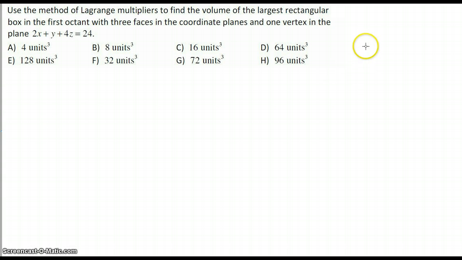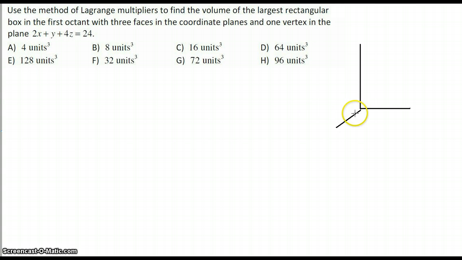We have the coordinate planes, and then we have a box. Well, this plane here will intersect the axes at different places.